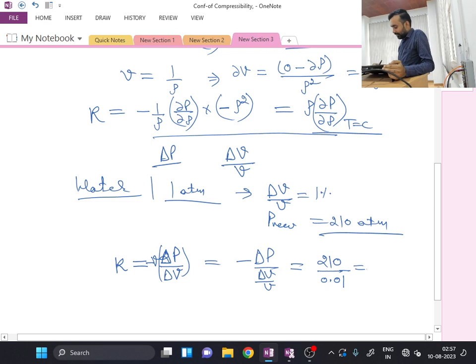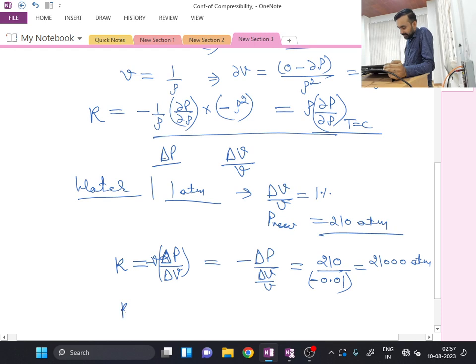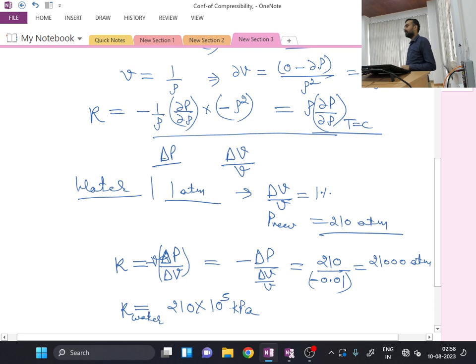Corresponding to this I will get a value of 21,000 atmospheres. Now 1 atmosphere is equal to 101.325 kilopascals. So typically I can say that the compressibility of water at atmospheric conditions is something about 210 into 10 to the power 5, kilopascals. Fine. Is this point clear?